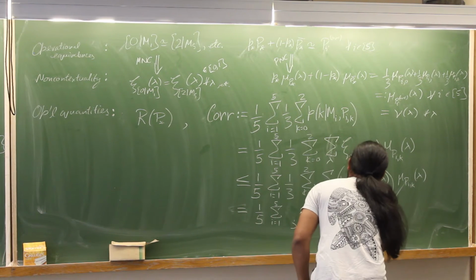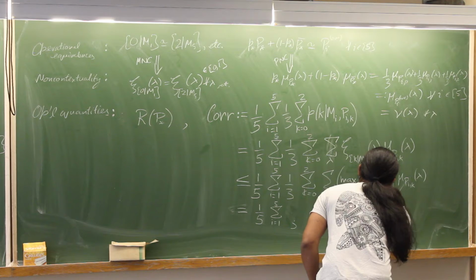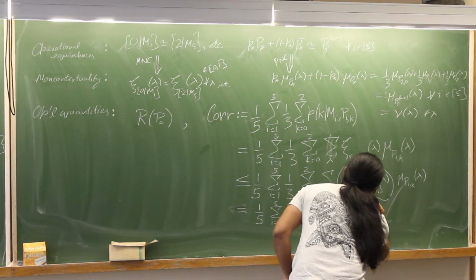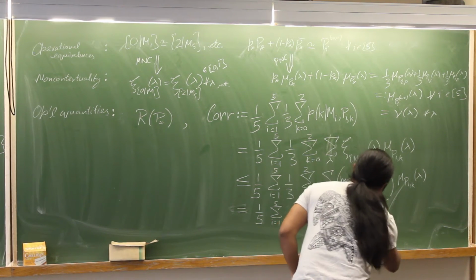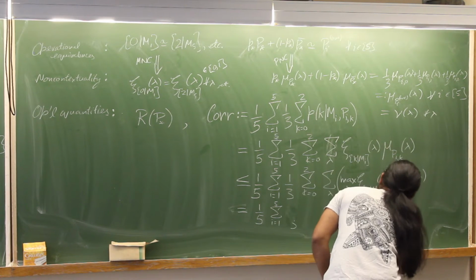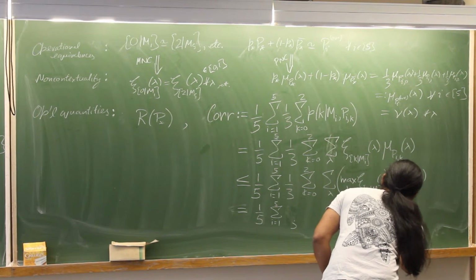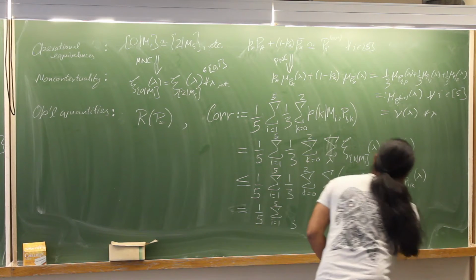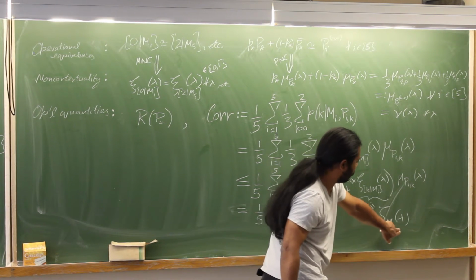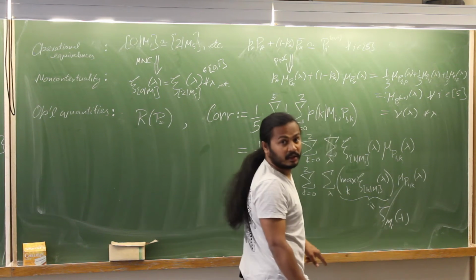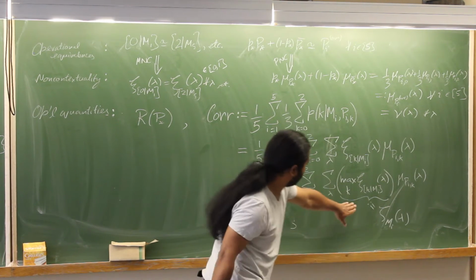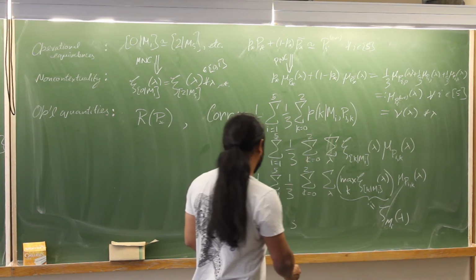I'll also define this quantity to be this zeta instead of psi, which is just a function of the measurement setting and lambda. So this is just the max probability for measurement setting mi when the ontic state is lambda. Okay.